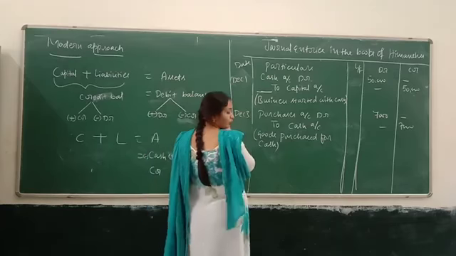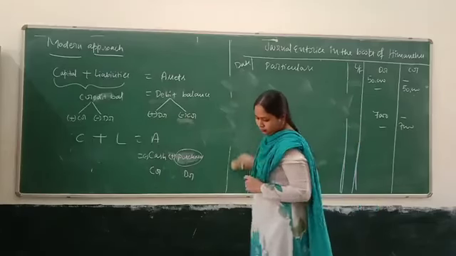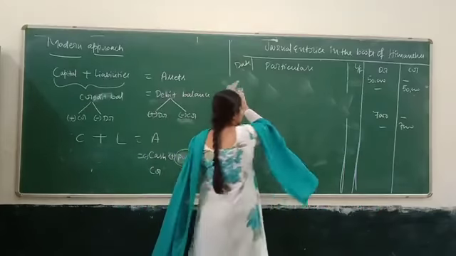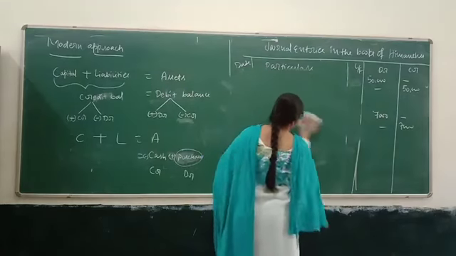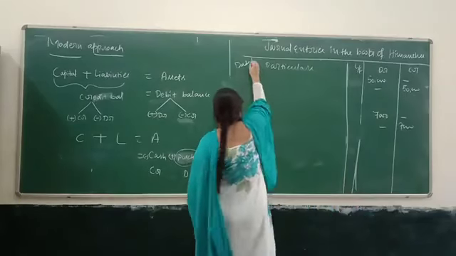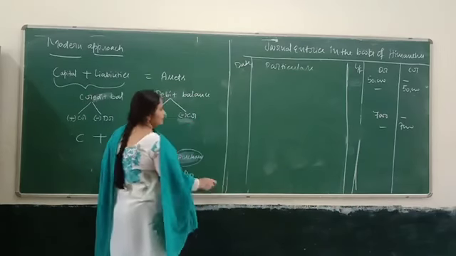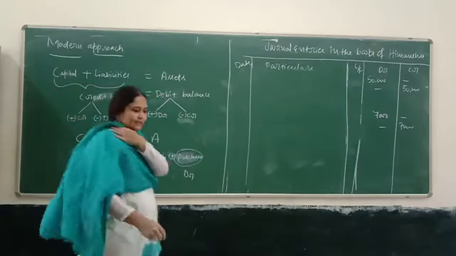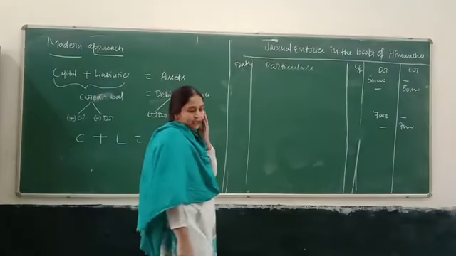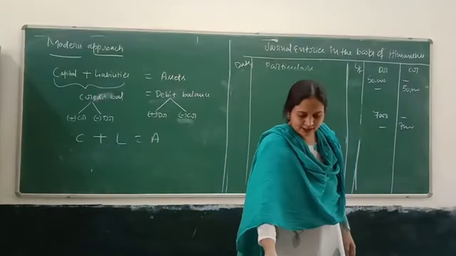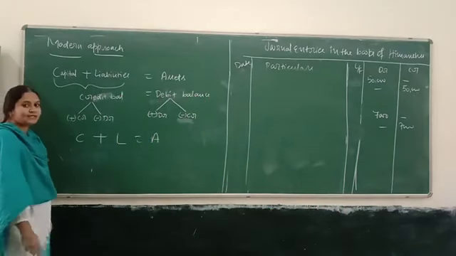Next is the third transaction, so I'll write it on the board. The third transaction is: sold goods for cash, rupees 5,000.